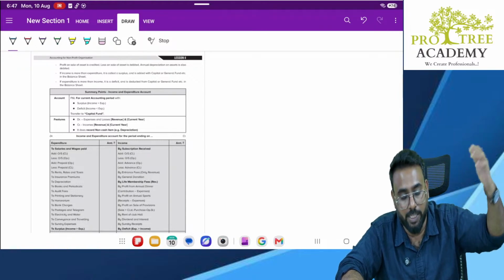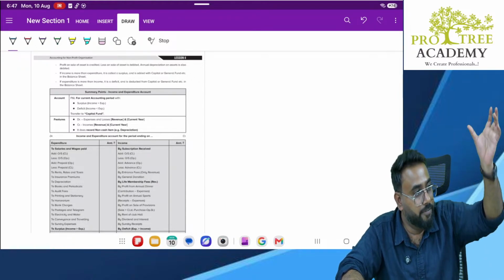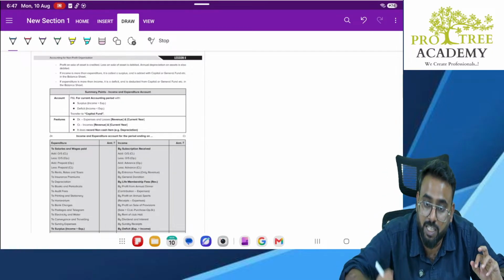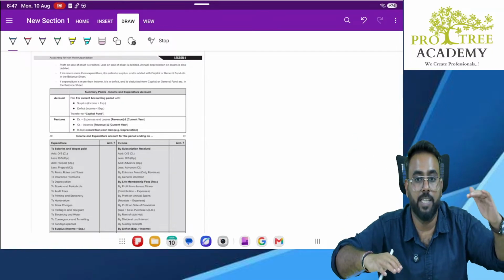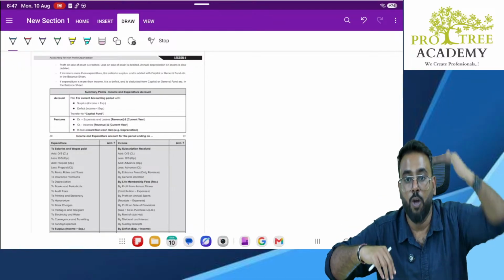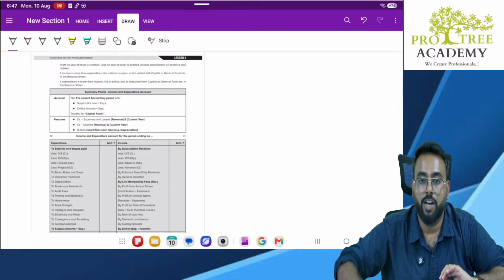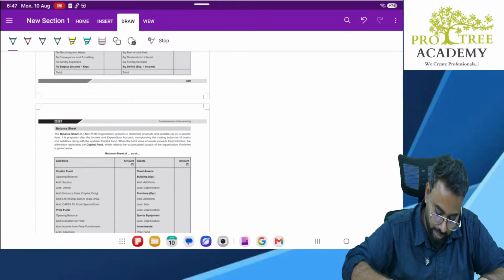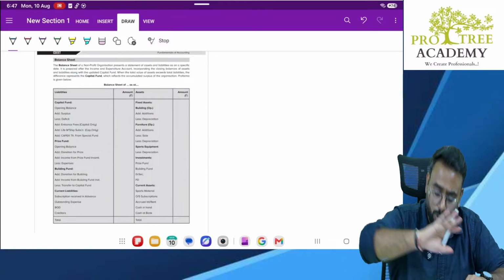If it is the opposite, if expenditure is more than income, then it becomes excess of expenditure over income. Or one more word is deficit. Clear?